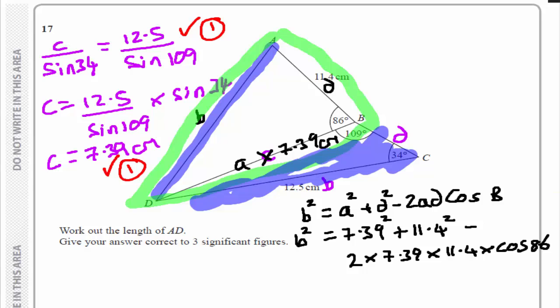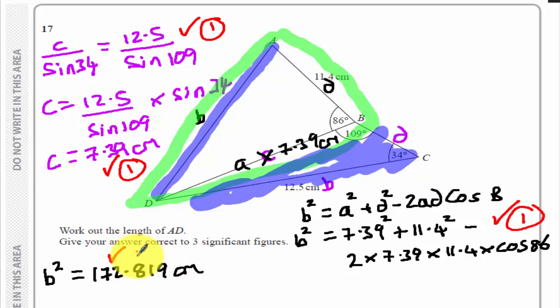Reaching this point picks you up a third mark. And now it's a question of pushing the right buttons. And b squared is 172.819 centimeters squared, and there's our fourth mark.